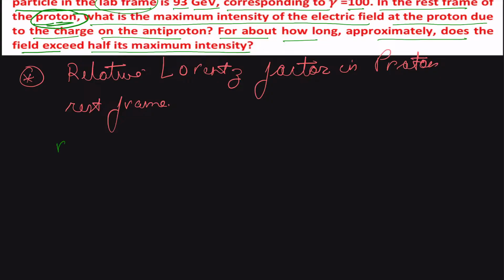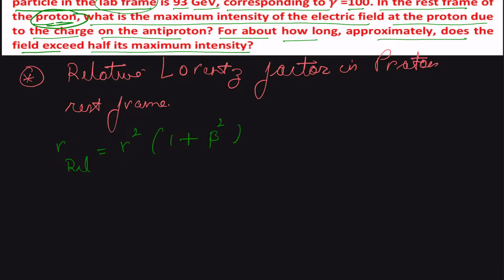So we can say our gamma relative will be equal to gamma square times (1 plus beta square).